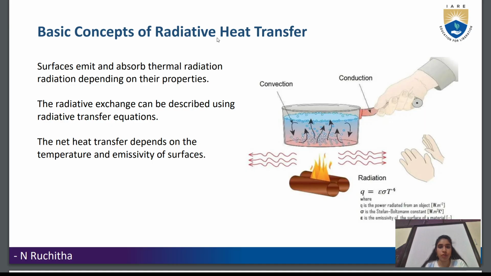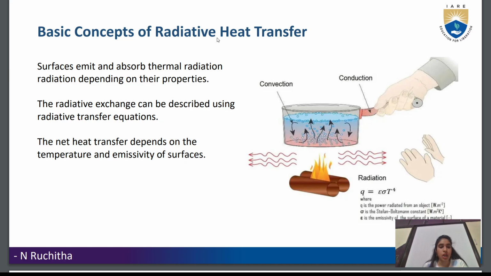Basic concepts of radiative heat transfer. Blackbody radiation, an idealized emitter described by Planck's law; real surfaces deviate from this. Emissivity and absorptivity indicate how effectively surfaces emit and absorb radiation.